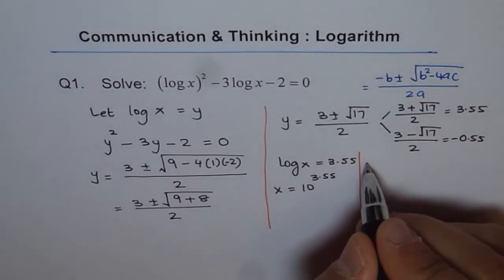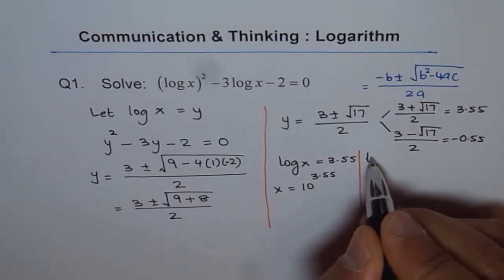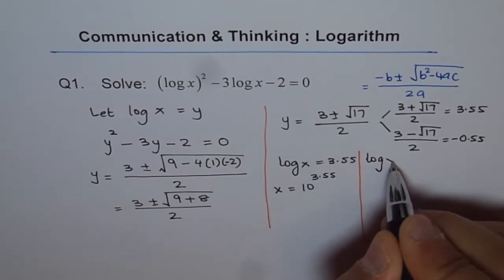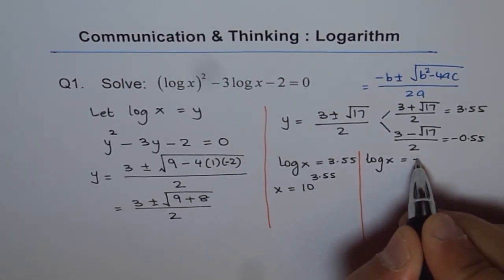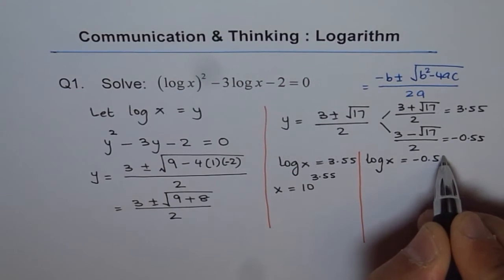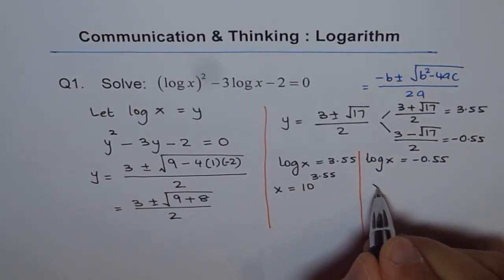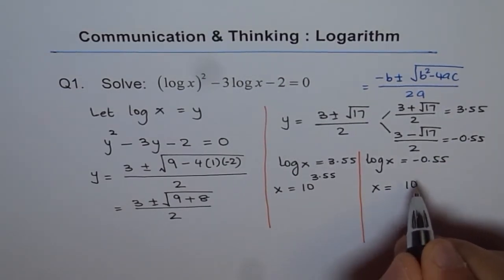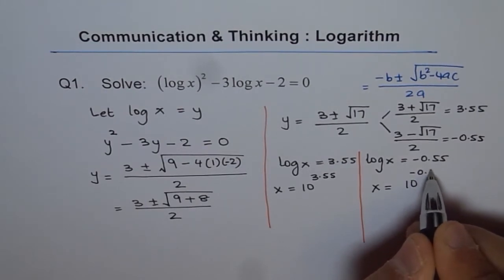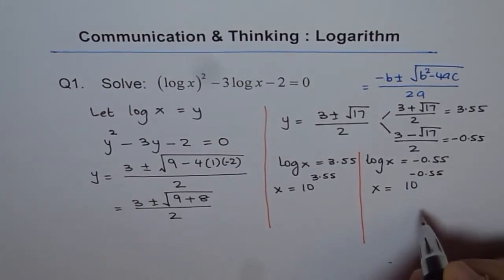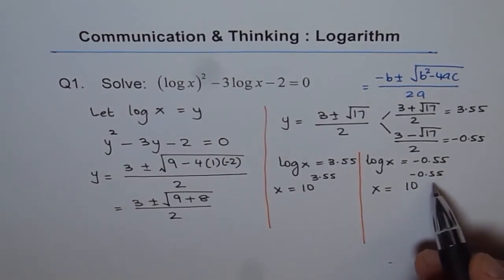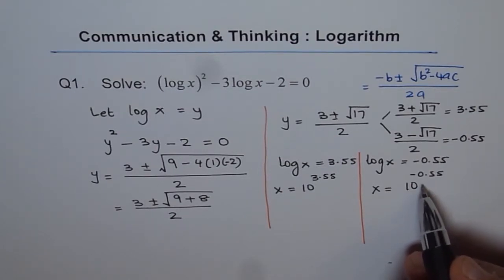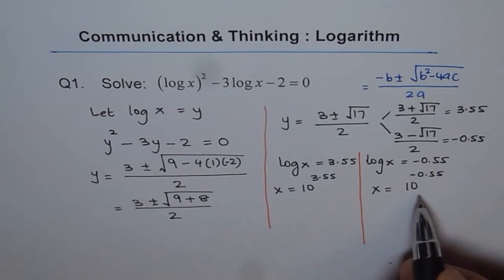So we can write that as log of x equals to minus 0.55. That gives us x is equals to 10 to the power of minus 0.55. Now this is a positive number, and therefore this is a possible solution also. So both are the relevant solutions for us.